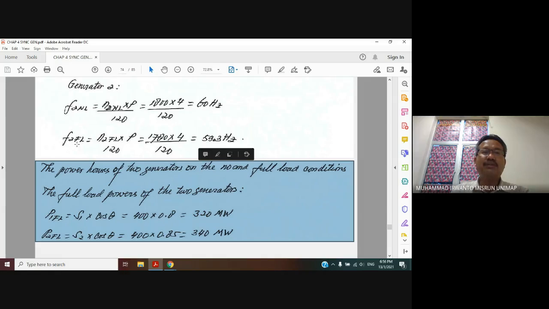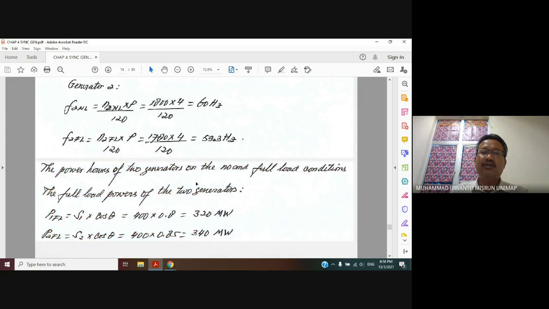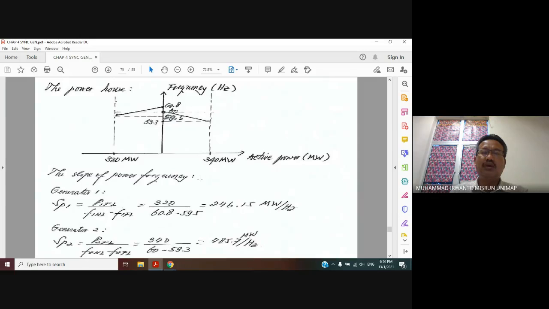So from here, based on the no load and full load frequency of each generator, we can find the value of the slope of power frequency. If we draw the power house like this, the left side is for generator 1 and the right side is for generator 2.